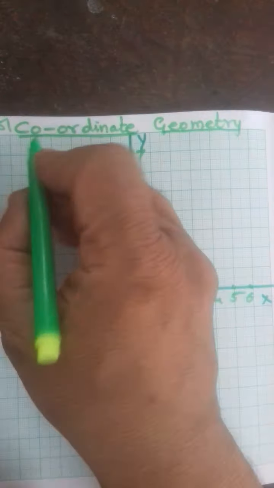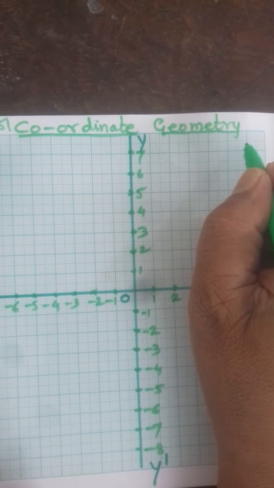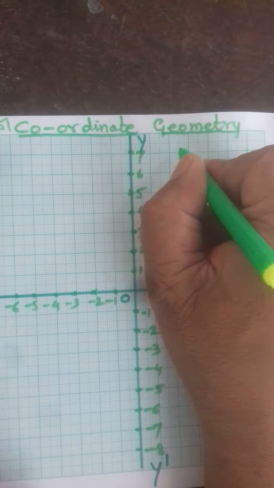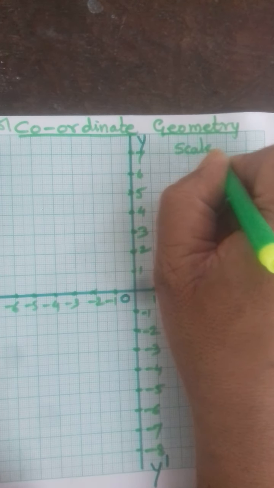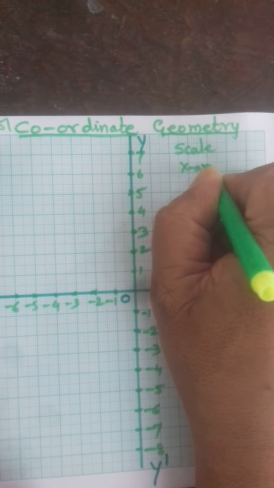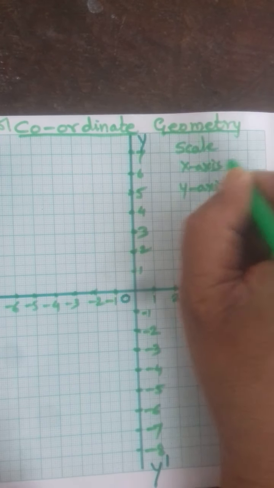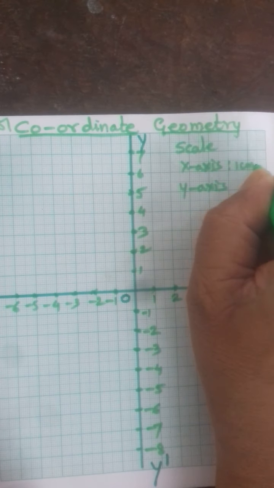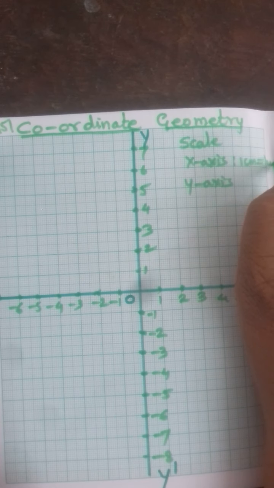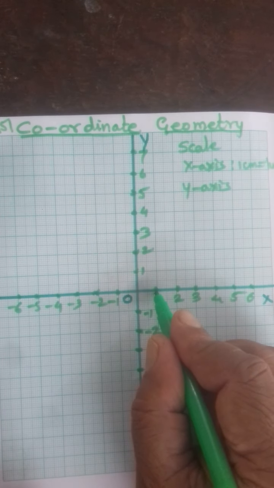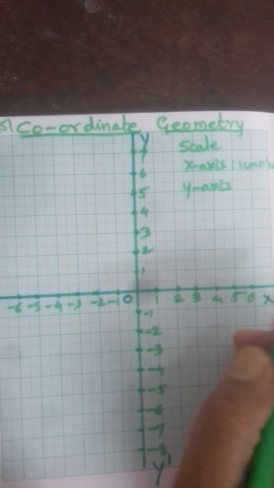Here we write the scale either at the right top corner or the left top corner. First we write the scale for x-axis, then the scale for y-axis. On the x-axis we have taken 1 centimeter equal to 1 unit. What it means is we have written the table of 1: 1, 2, 3, 4, 5, 6, 7, 8.